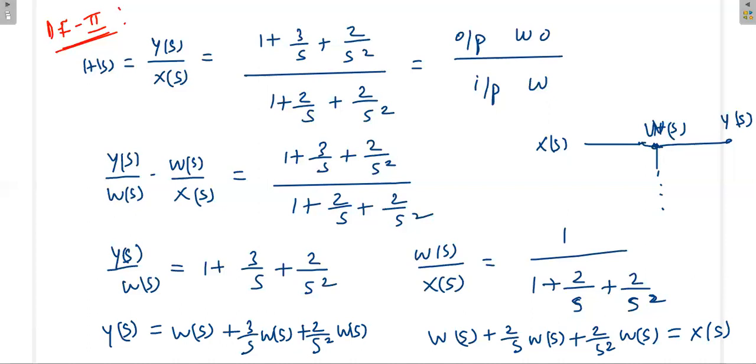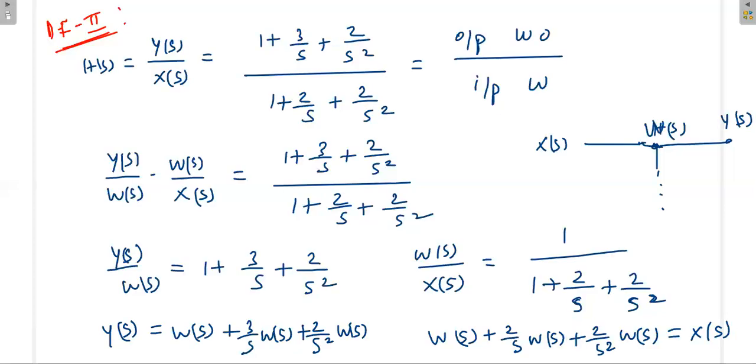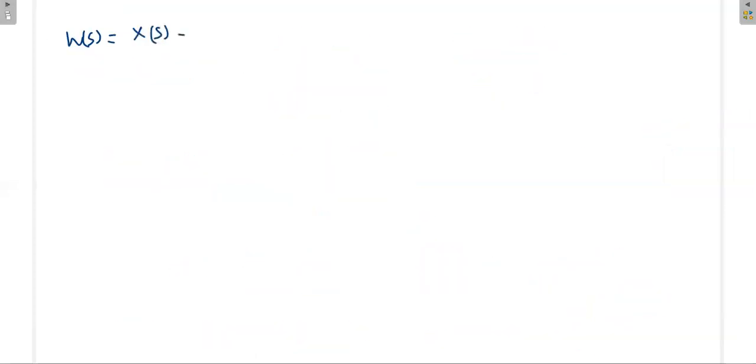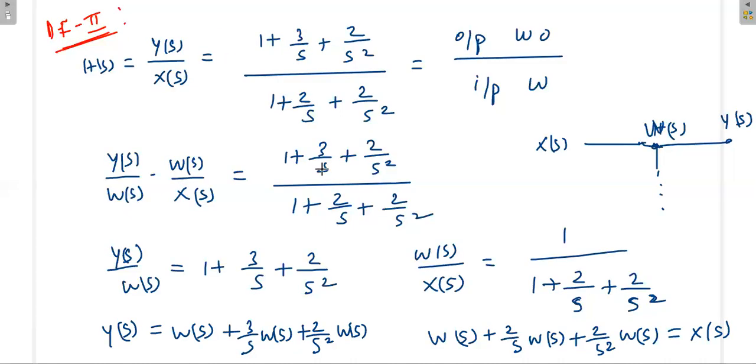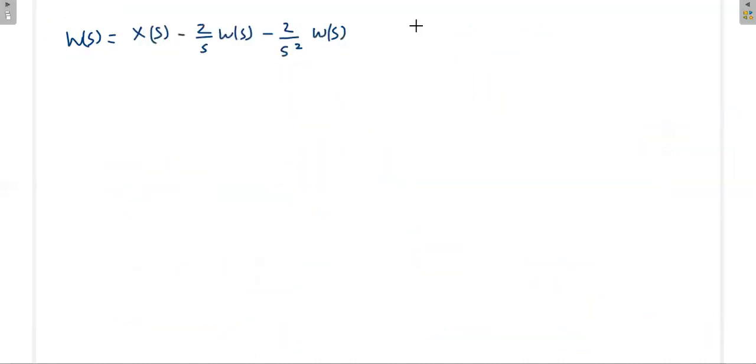So W of s is equal to x of s, because x of s is already there, then these two terms with minus sign: minus 2 by s W of s, minus 2 by s square W of s. Similarly, this equation we can directly use for y of s.